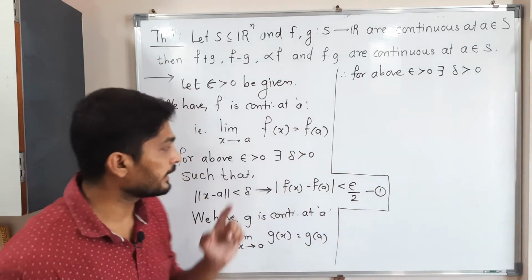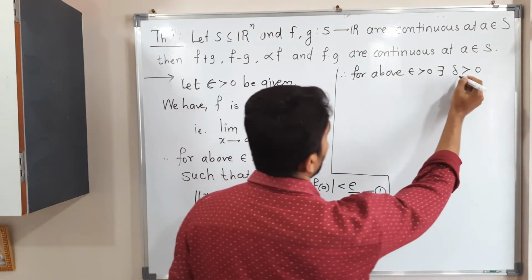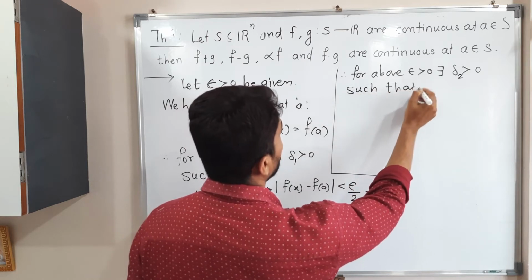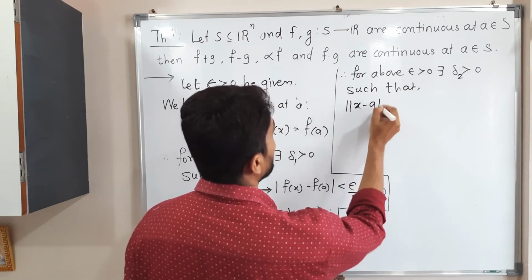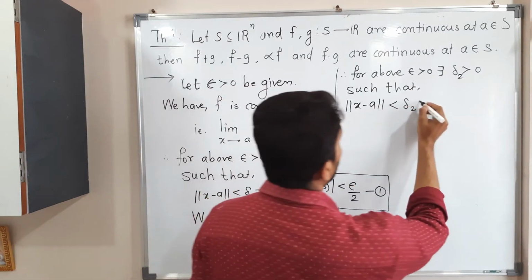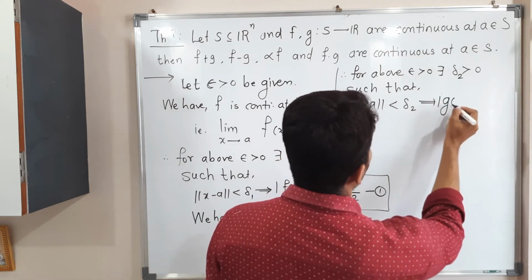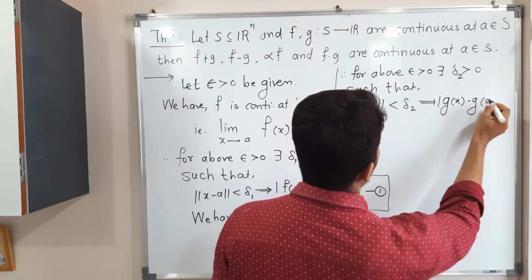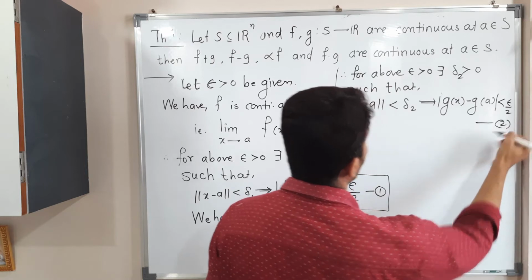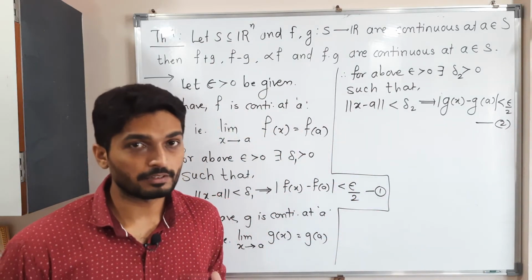But the problem is delta already we have taken, so I will write here delta 1 and I will call this one delta 2, such that, again by definition, norm x minus a less than delta 2, here I should write delta 1, implies mod g of x minus g of a, minus sign is here, less than epsilon, but again adjustment, epsilon by 2. See, expression 1 is true for delta 1, right?